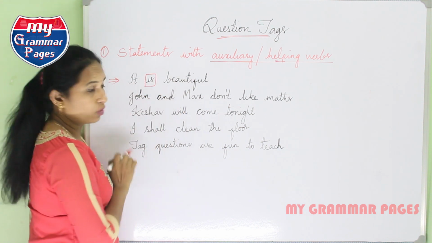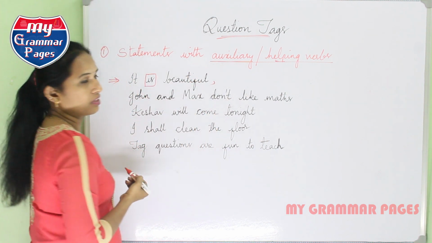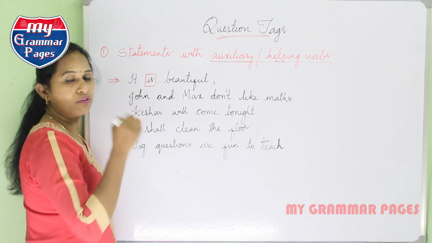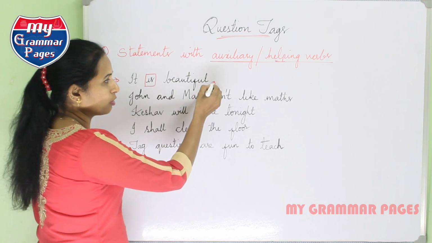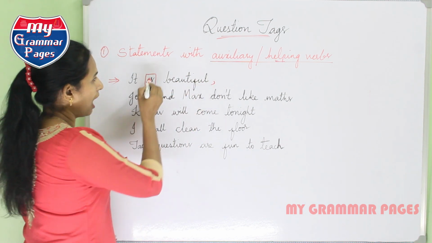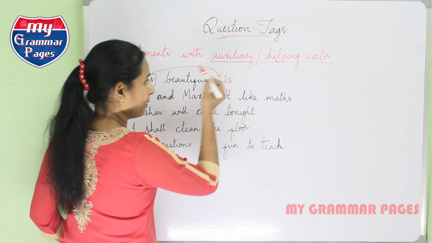It is beautiful. In this, we are going to keep a comma after the statement. Though it has ended with a full stop, you have to rewrite the sentence once again, place a comma after the statement, and bring this helping verb.